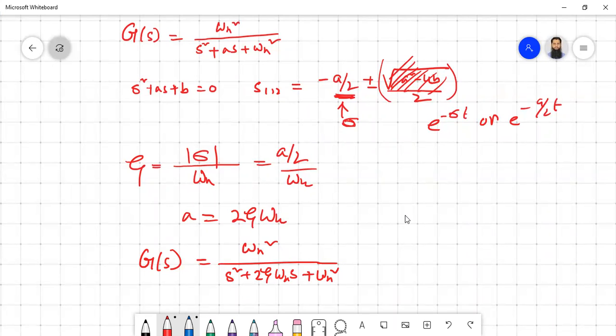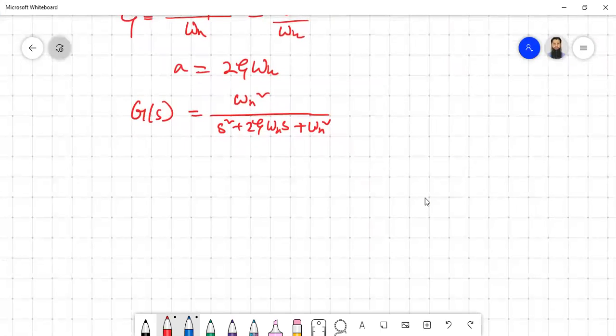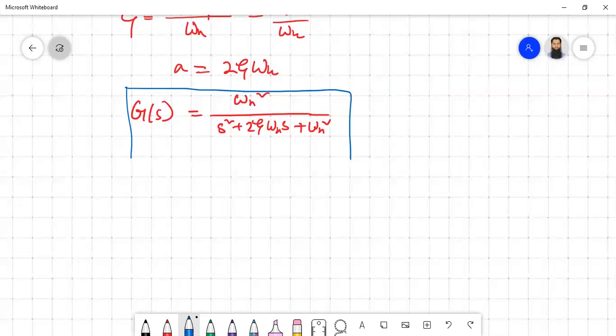Now, the question is, what is the pole location of this system? If you want to figure it out, we have to solve the denominator. This is our second order system's general representation, and we are interested in finding the location of the pole.